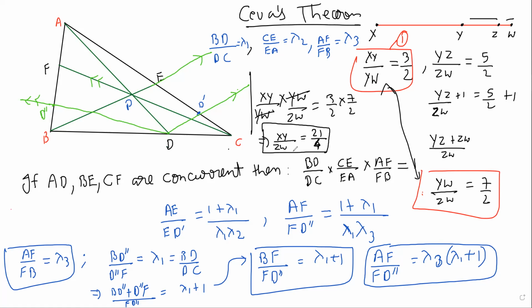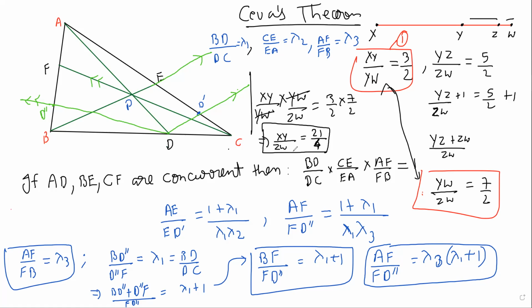So is that okay? Pragadish, is it okay for you also? xy by zw is 21 by 4. Then it's good.